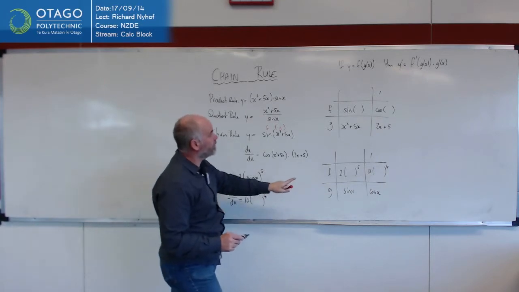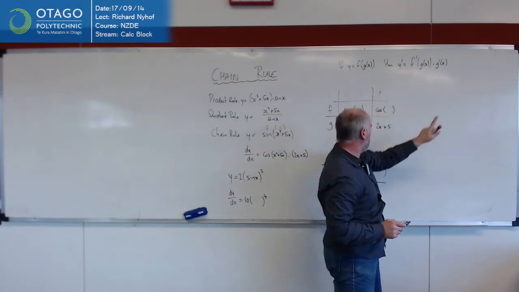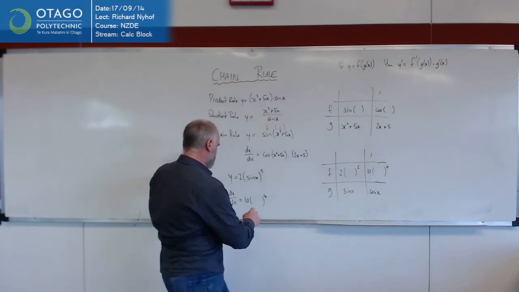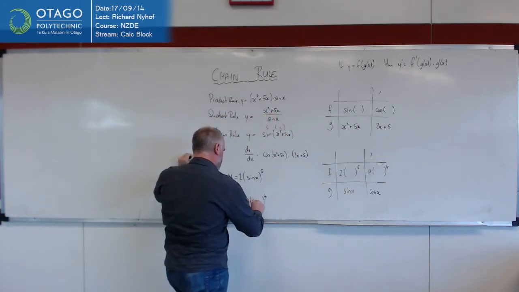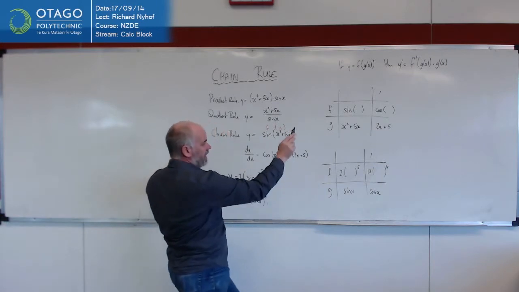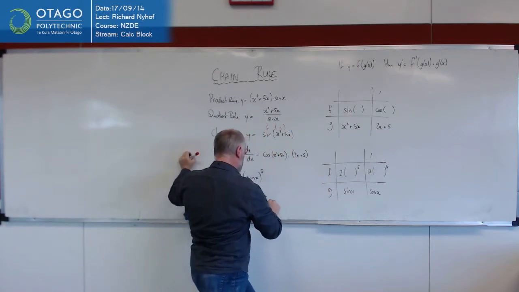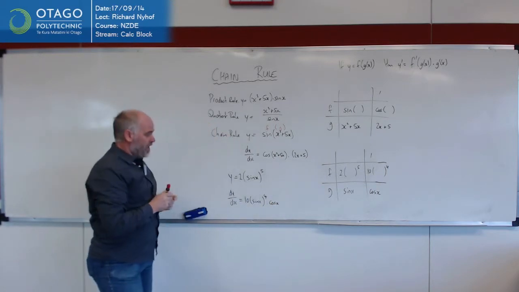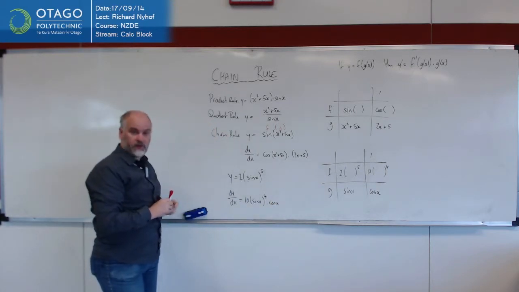And what's inside the brackets is g, which is just sine x. Times, in the formula, g dash, which is cos x. And that's all there is to the chain rule.